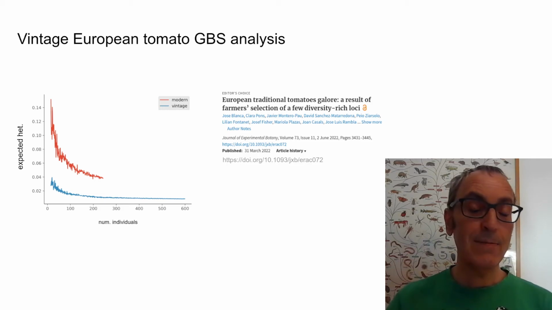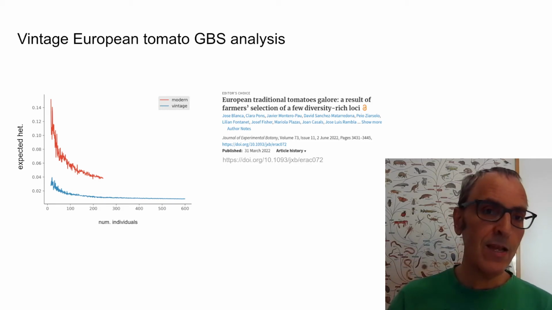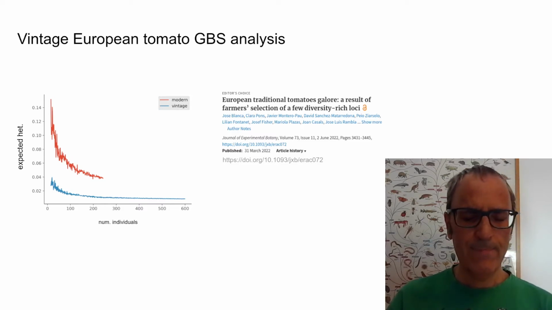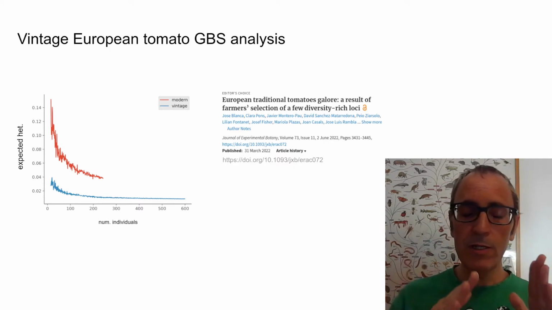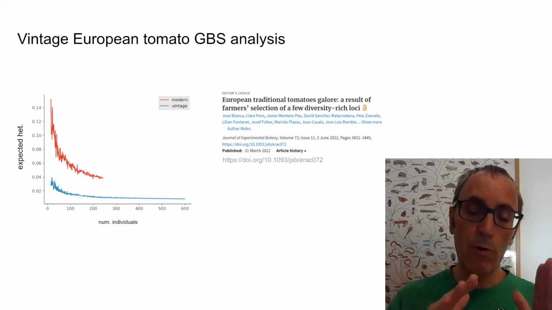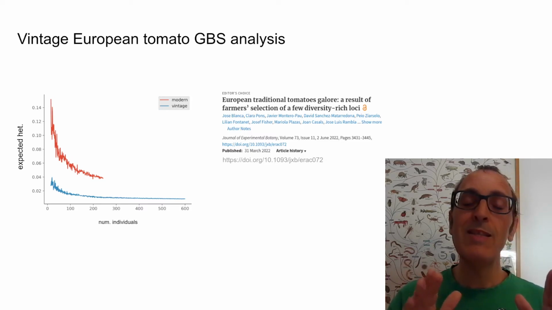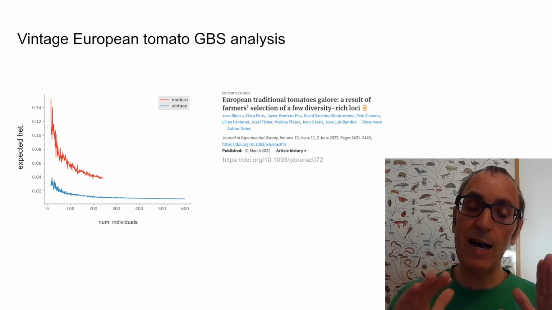Also, the expected heterozygosity usually goes down with the number of individuals. Why? Because if you add more individuals, you have more markers. The new markers that you have added will usually have a lower allelic frequency.